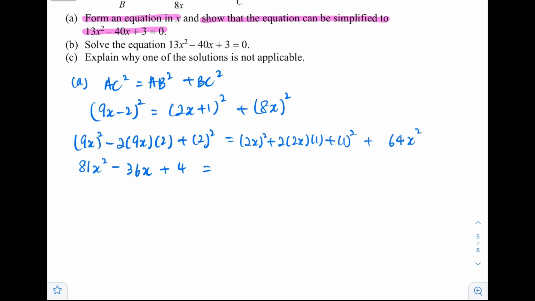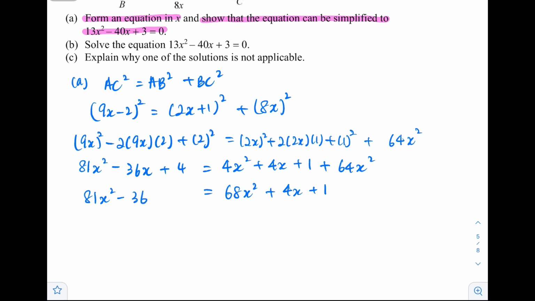On the right hand side, we have (2x) squared, which is 4x squared, plus 2 times 2x times 1, which is 4x, then plus 1 squared, which is just 1, plus 64x squared. If you simplify, you will have 68x squared, collecting the like terms together, plus 4x plus 1. On the left hand side, there is nothing you can collect together because there are no like terms.